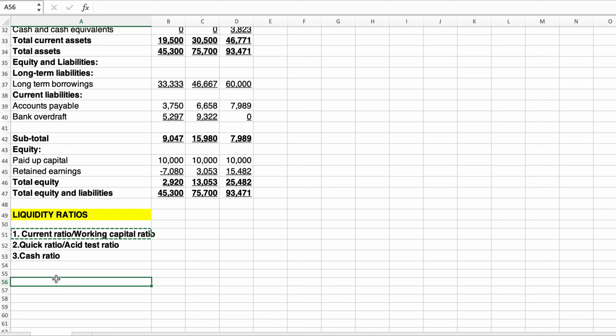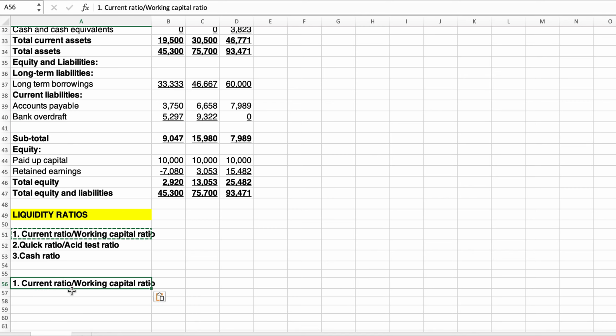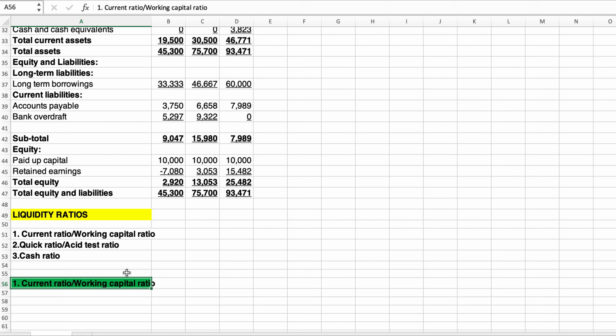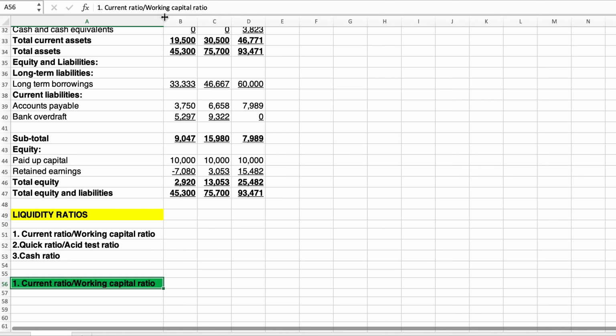Our first ratio here is current ratio. I said current ratio is also known as working capital ratio.